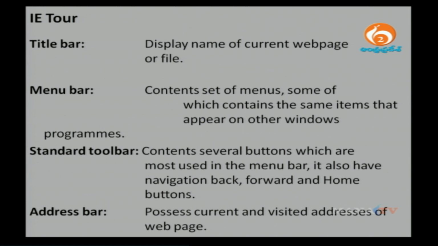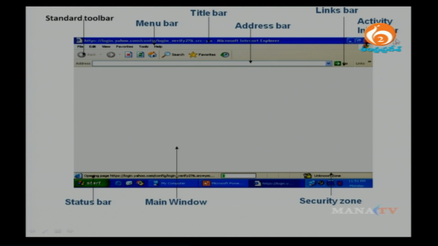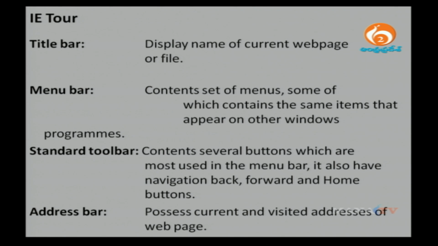That is Internet Explorer 2. Let us see the title bar. The title bar displays the name of the current web page or file. Here we can get the name of that particular search item that we are going to. The menu bar contains a set of menus, some of which contain the same items that appear in other windows.